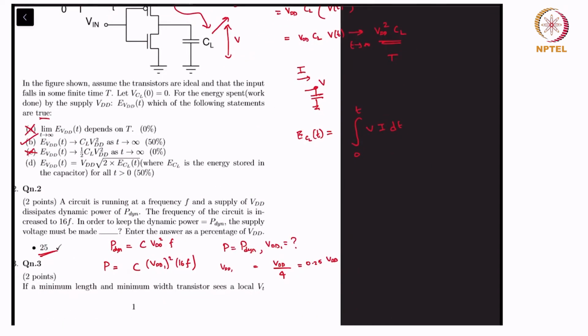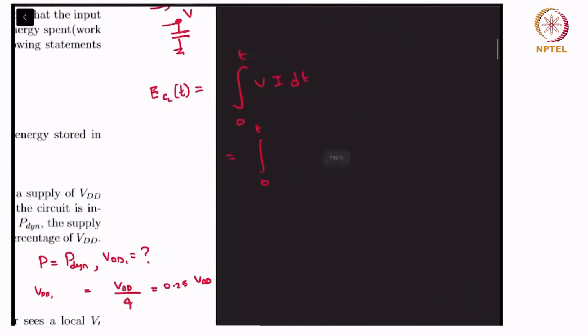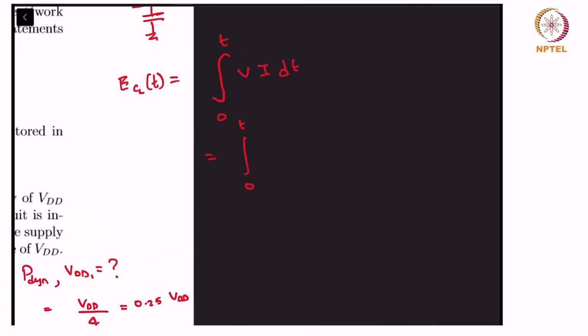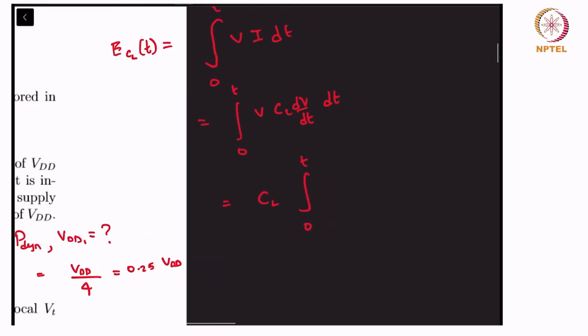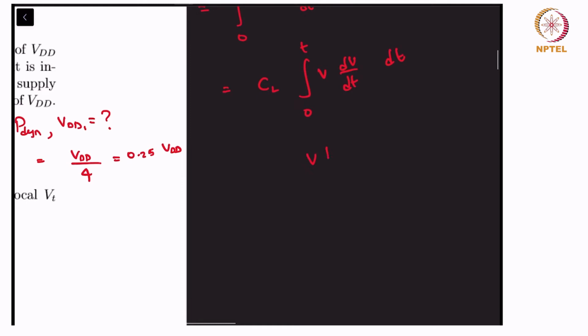And then this is integral 0 to t of V into CL dV by dt, which we can just do as CL times integral 0 to t of V dV by dt. Now V dV by dt is equal to d by dt of V square by 2.